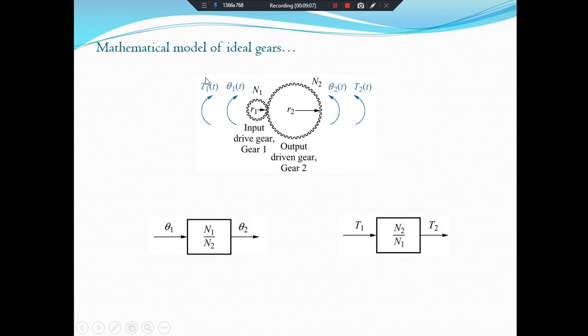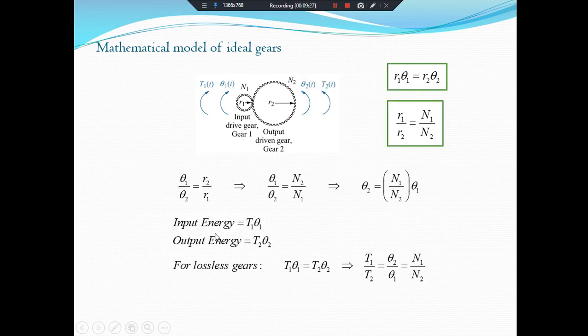Here, the mathematical model of ideal gears. Let's suppose we have this input gear and this output gear. We can draw its block diagram: theta 1 is the angular displacement of the input gear and theta 2 is the output angular displacement of the output gear.